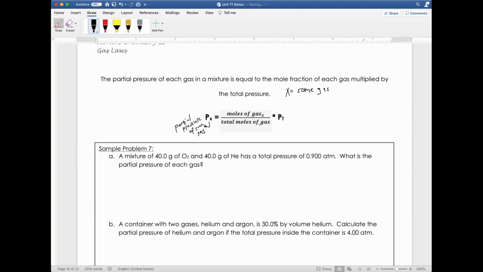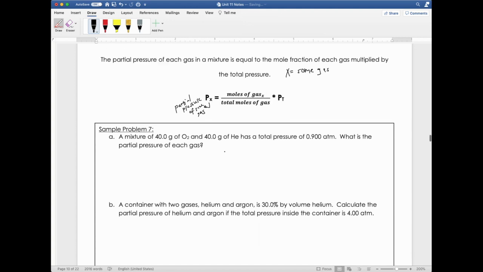So it's almost like you're using just a fraction here. If I know that this system is 20% of this gas, what's 20% of the total pressure? That's what we're trying to solve here. It's a different way of thinking about this.